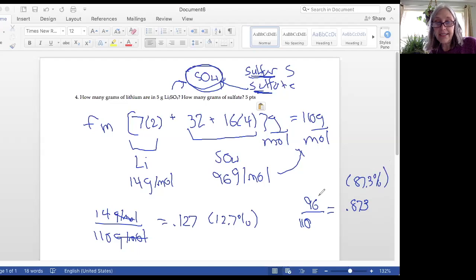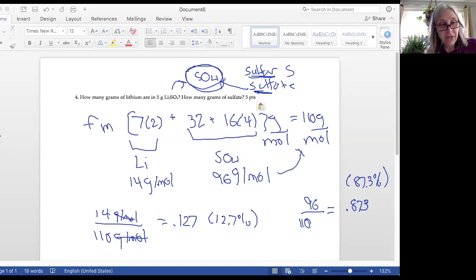Now, if we add these together, 12.7 plus 87.3 adds up to 100, and 0.127 plus 0.873 adds up to 1. Both of these represent ratios of these two things. We don't actually need to convert to percent, but I'm just trying to show you that this is also a percent.